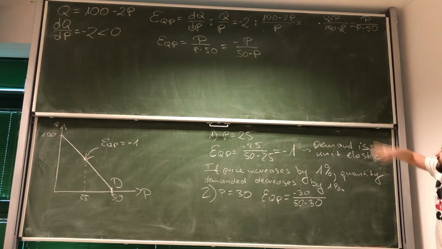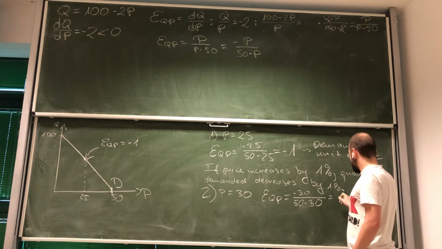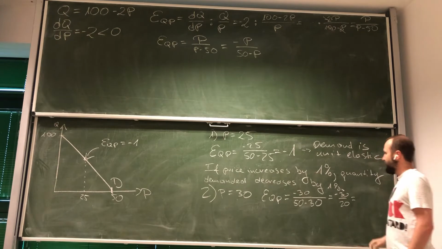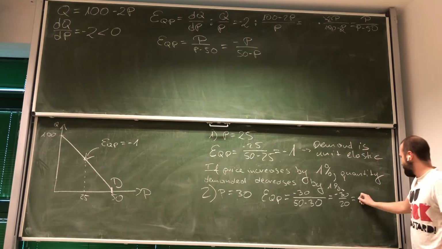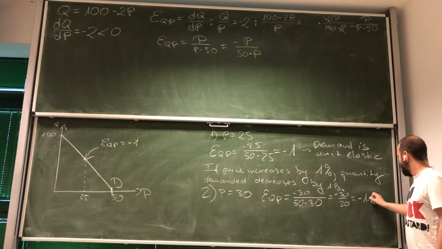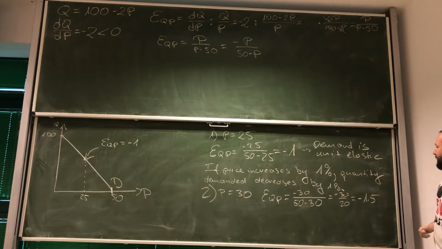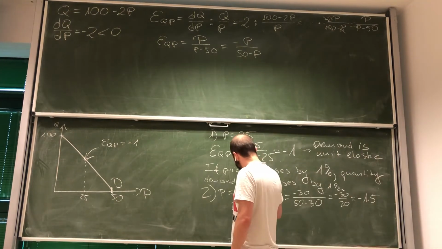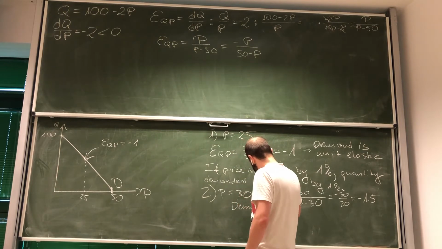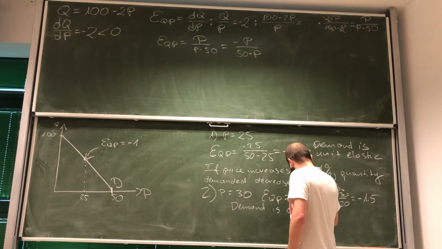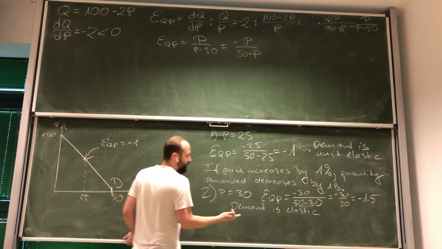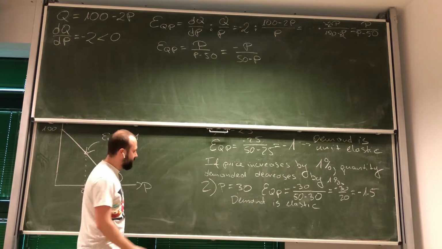We still use the same expression. So this is -30 over 20, or -1.5. So in this case, we say that demand is elastic. Okay, so what would be the interpretation of this result?